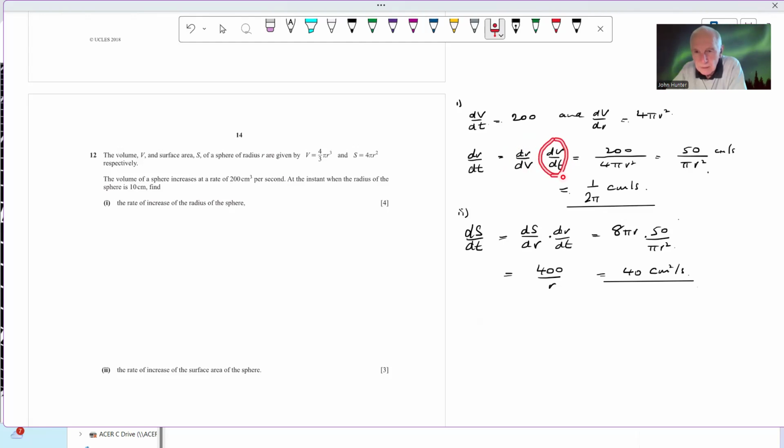We're given dV/dt, because that's 200. dV/dr is basically the derivative of the volume function, and dr/dV is just the reciprocal of that. So if we flip that over, that being 4 pi r squared, and put it on the denominator, then that is that.